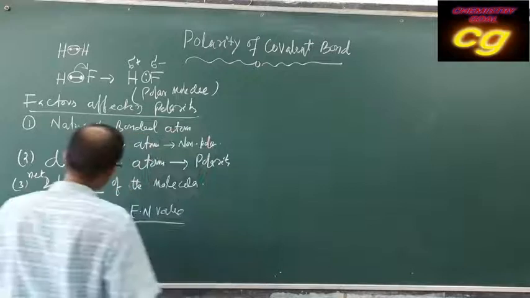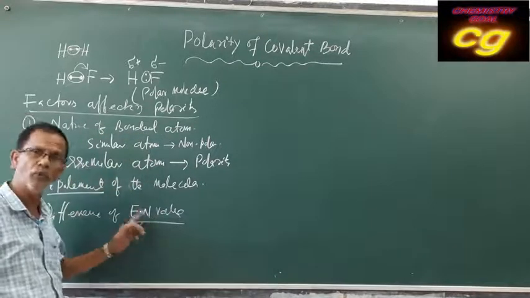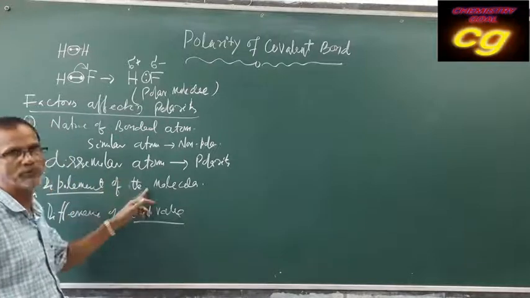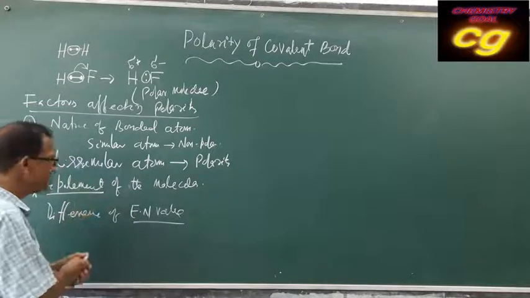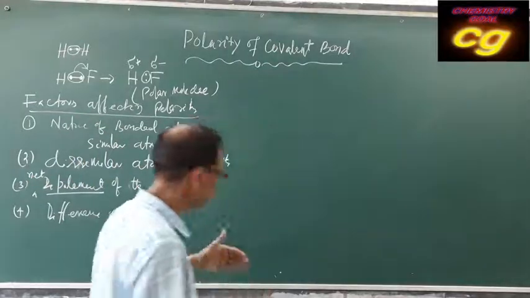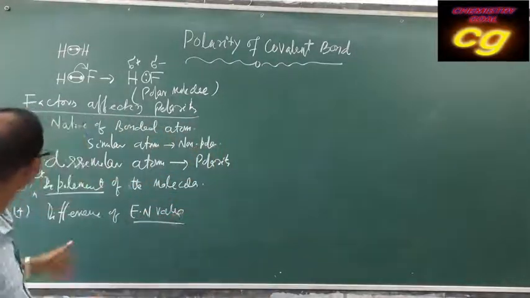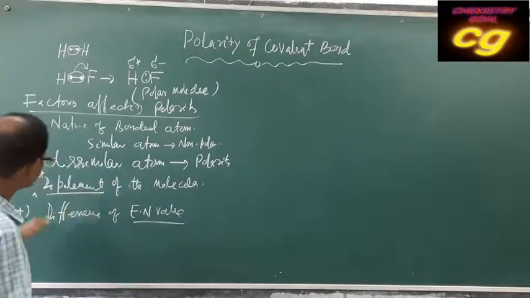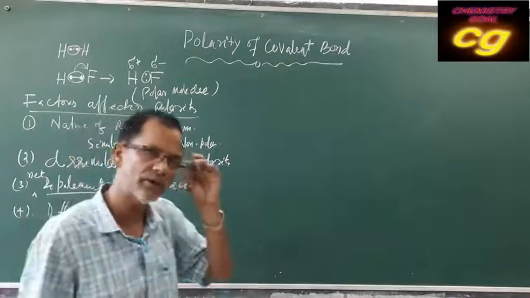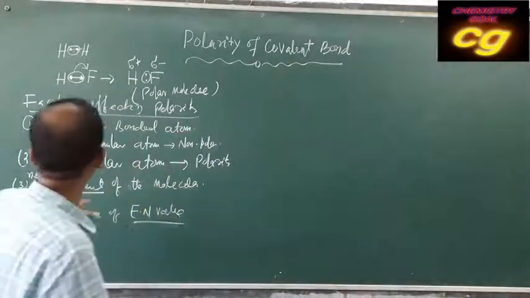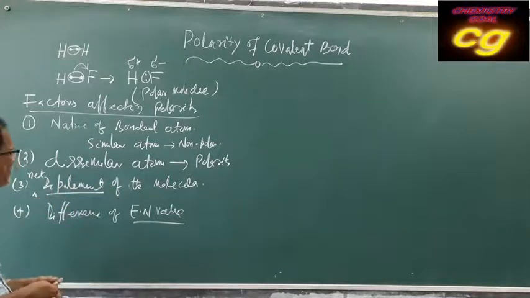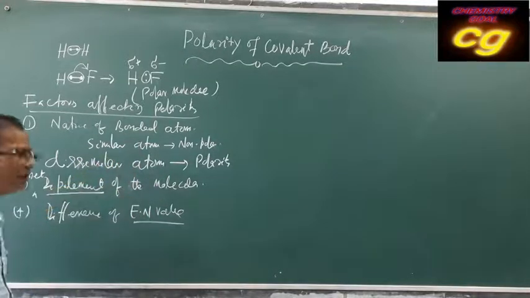So if the difference of electronegativity value is more, then polarity will also be more. Then the net dipole moment of the molecule also matters. What the dipole moment is, we will discuss later. If the molecule consists of different atoms, polarity may develop. If only similar atoms are present, it is non-polar.